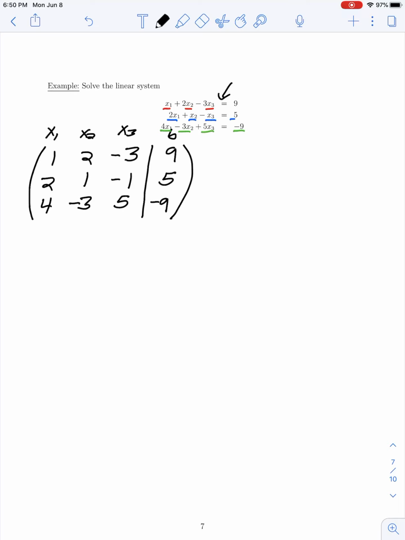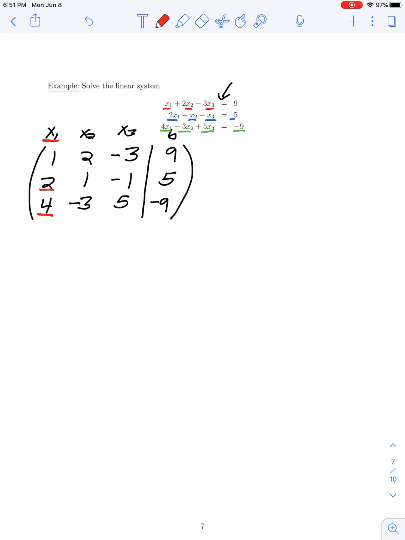For instance, I could try to kill off one of my variables in two of my equations. If I wanted to kill off the variable x1 in my second two equations, I want to take these coefficients of 2 and 4 for x1 and transform them into zeros. I want 0 x1 in each of those two equations. So let's think about how we could do that.